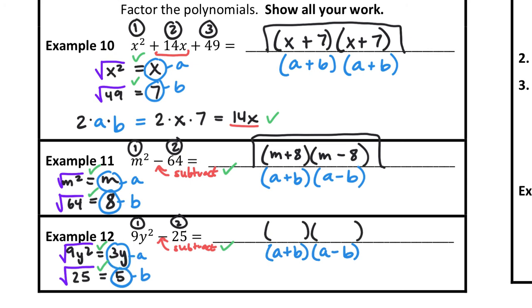My a is 3y. So it's 3y, and I have a plus and a minus. And then my b is 5. So it's going to be plus 5, minus 5. Okay.